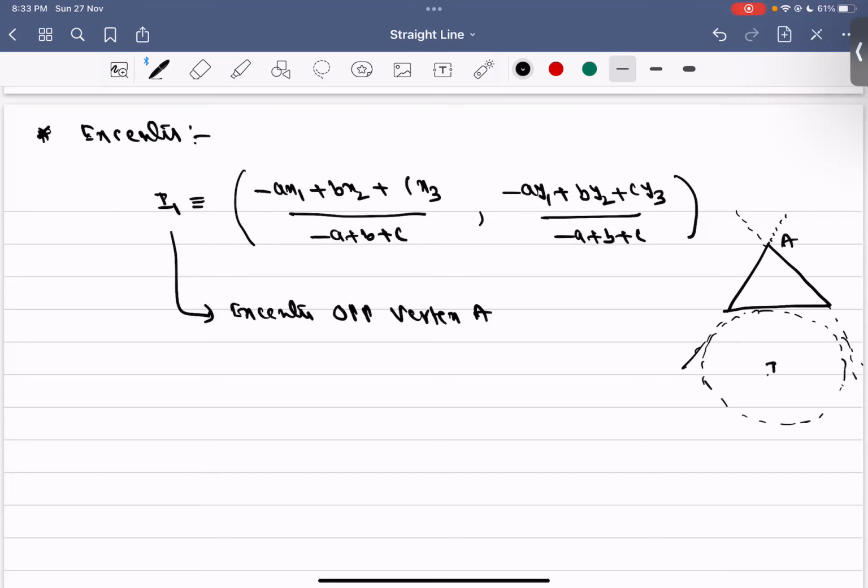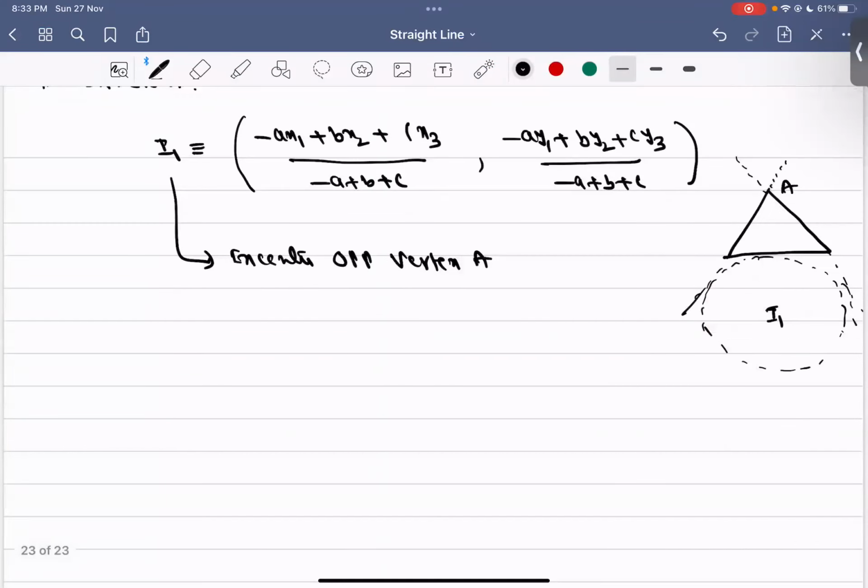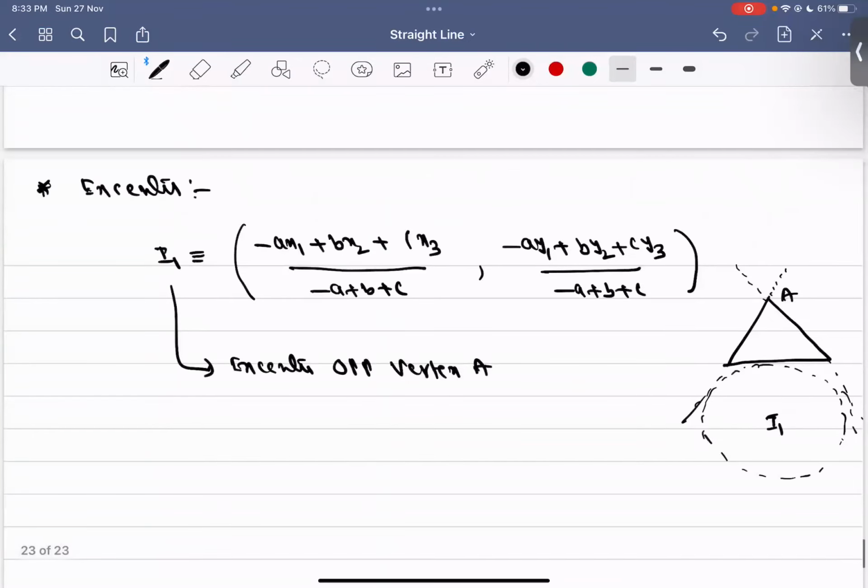So this is I1, the excenter opposite to the vertex A. Similarly, by symmetry you can write I2. For I2, here you will have minus. For I3, here you will have minus. That's it. It is easy to memorize also.